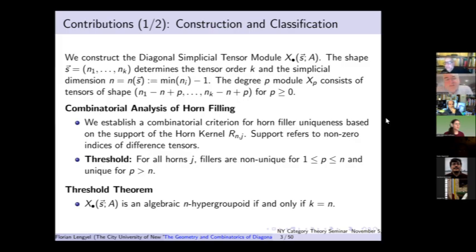And N is telling you the top dimension such that for all dimensions higher than that, that's the top dimension where you have non-degenerate simplices, non-degenerate tensors. Everything above that lands in the degenerate submodule, but I'll say what that is.